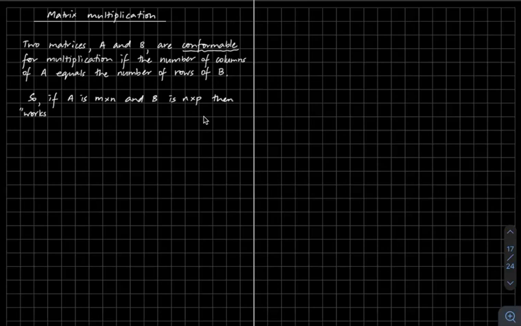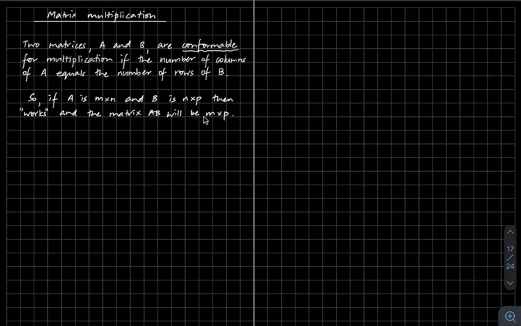I guess that's a more colloquial way of saying it's conformable. So it works, and we can know that the matrix AB, this product that we get from doing that, will have order or size M by P.